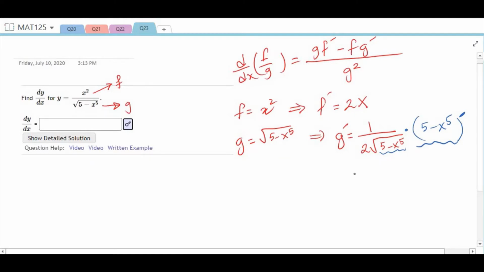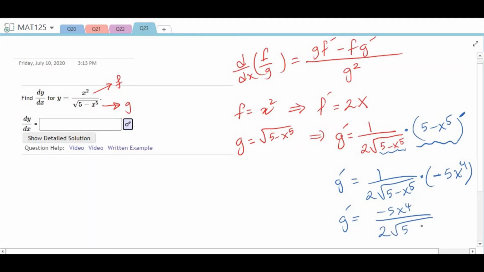So g prime is equal to 1 over 2 square root of 5 minus x to the fifth, times the derivative of 5, which is 0, minus the derivative of x to the fifth, which is 5x to the fourth. I'm going to rewrite it nicely. So g prime is equal to negative 5x to the fourth divided by 2 square root of 5 minus x to the fifth.